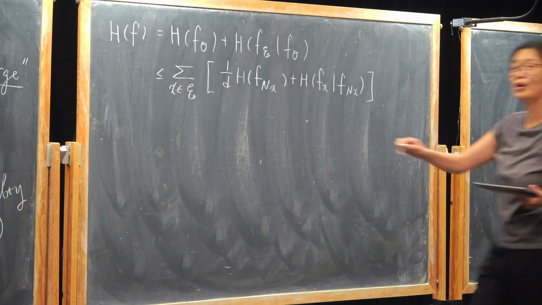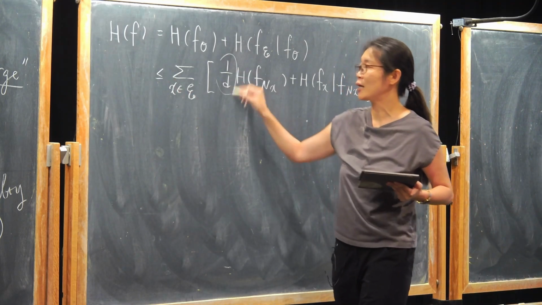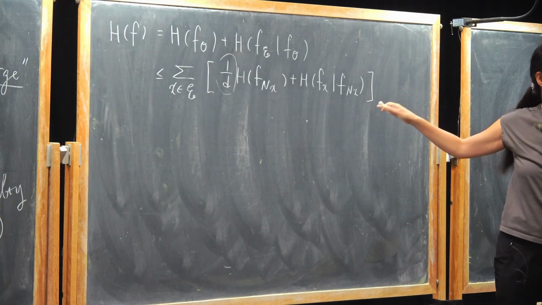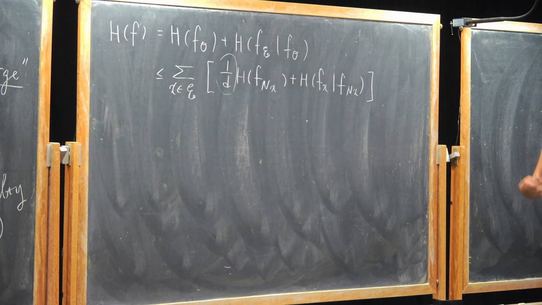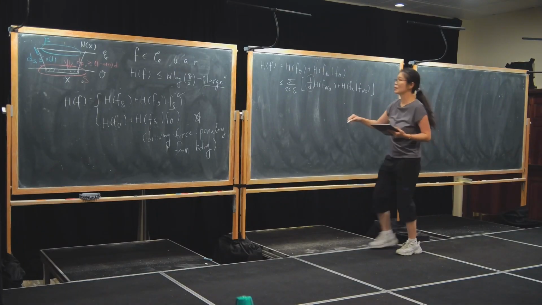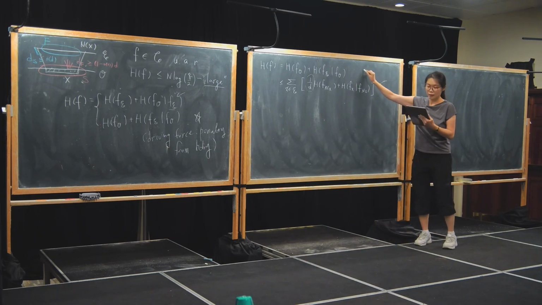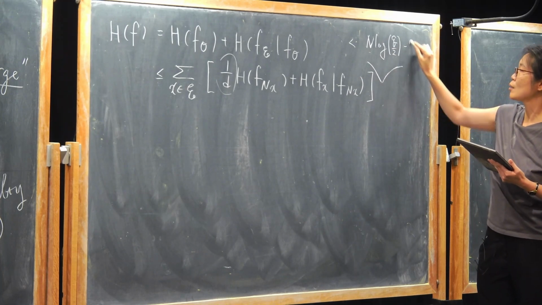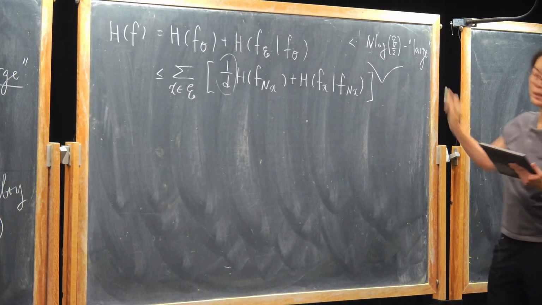Here I used various properties, and to get 1 over D, I applied Shearer's lemma, and I used several properties of entropy. If you're not okay, just believe this, and you'll have a chance to work it out in the problem session for a simpler question. Great. Our goal is to show that this is smaller than n times log q over 2 minus something large.